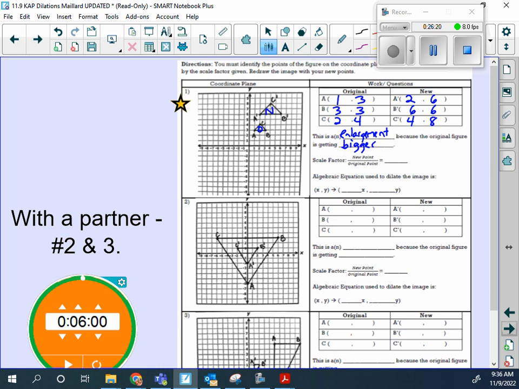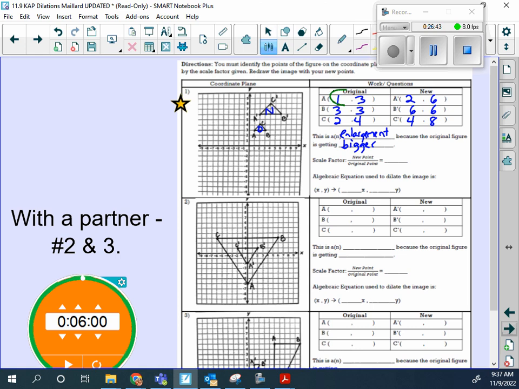This time, though, we have to find the scale factor. They gave it to us before, but see, they've given us both shapes this time, so they want us to find it. So how are you going to do that? Well, what I would do is I would pick a point that's not 0, which in this case, there are no zeros, so don't worry about it. Just pick any point to deal with.